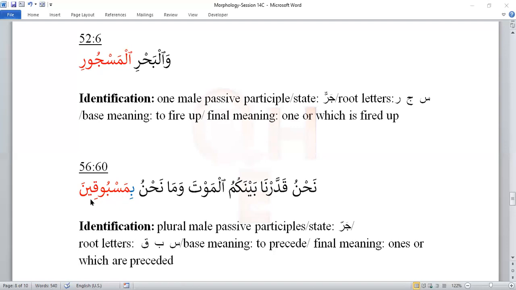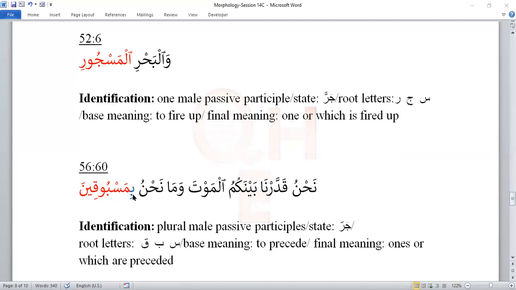bimasbuqin. Okay, over here, this particular word, masbuq, if I stop at qaf, masbuq, maf'ul, they match, right? But we have a particle before it, ba kasra bi. This is one of the particles called harfu jar.